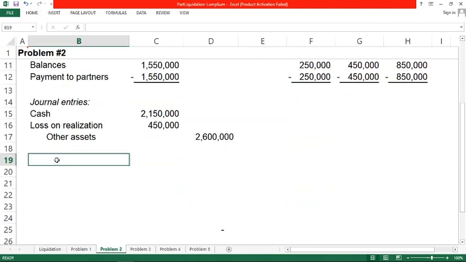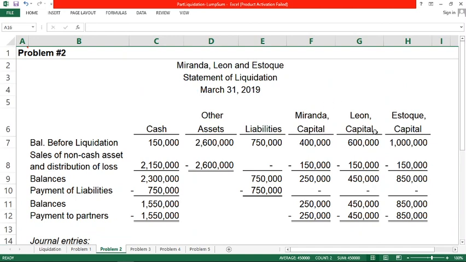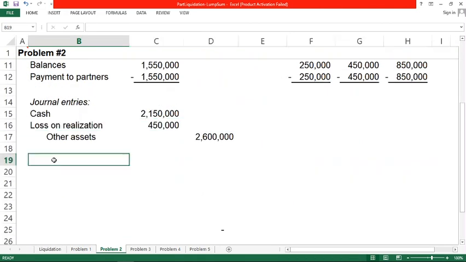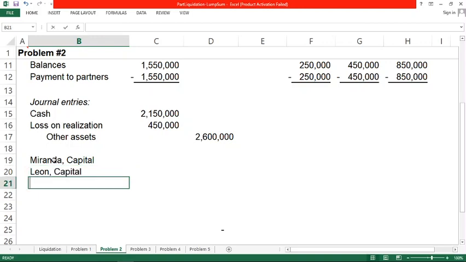Now, let us prepare the entries. We are going to distribute this loss to the three partners. We have Miranda Capital, Leon Capital, and Estoque Capital.